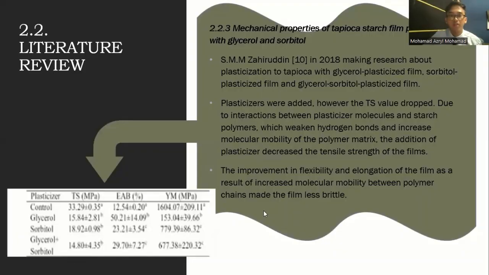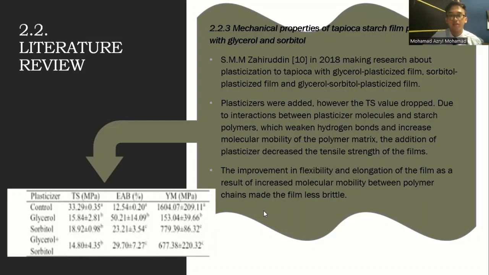Literature review number 3. Mechanical properties of tapioca starch film plasticized with glycerol and sorbitol. SMM Zahiruddin in 2018 did research about plasticization of tapioca with glycerol plasticized film, sorbitol plasticized film, and glycerol-sorbitol plasticized film.